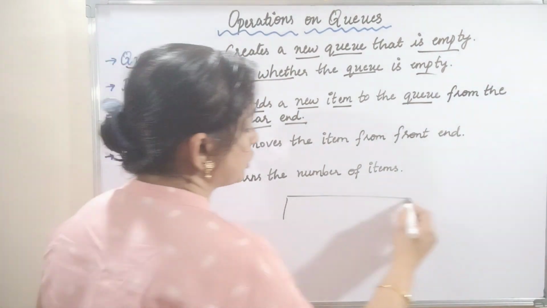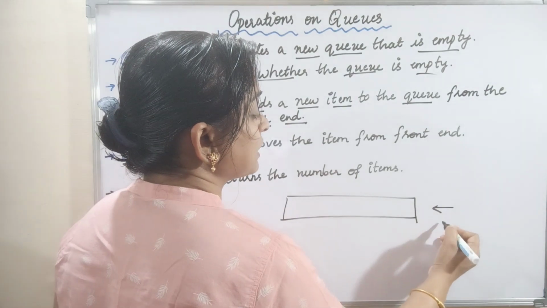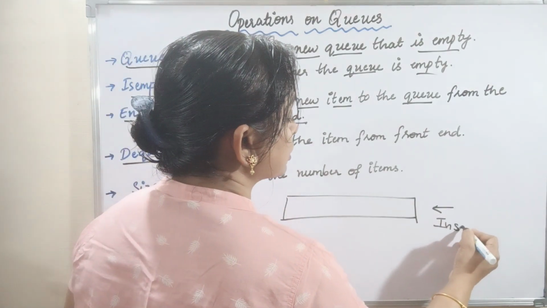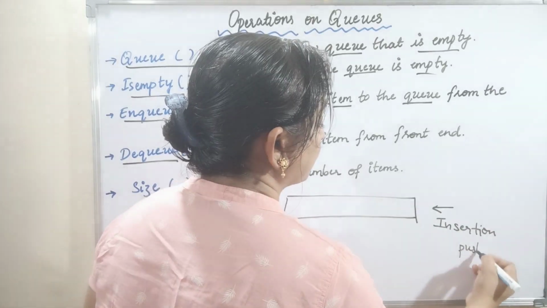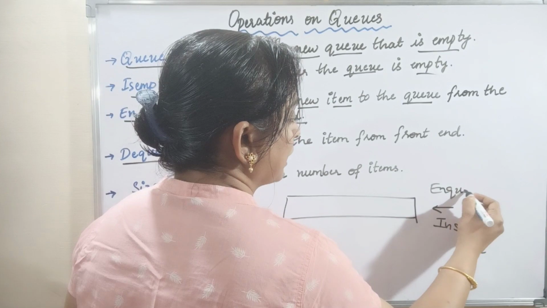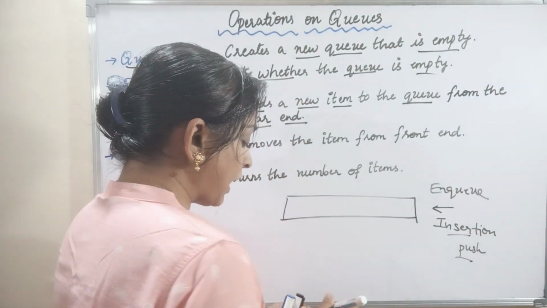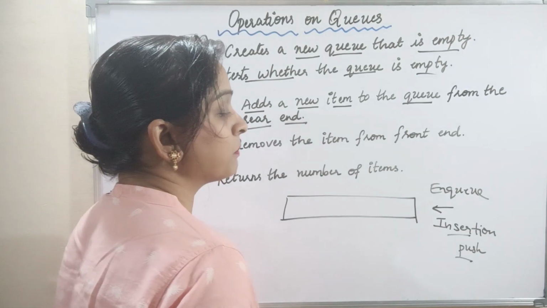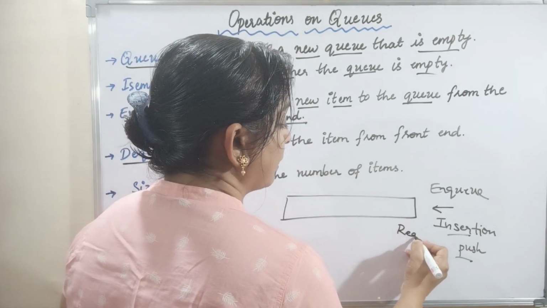When I say I am doing the NQ operation, it means I am doing the insertion operation, nothing but the push operation that we had in stack. So NQ means insertion or push. I have to enter the item from the rear end, or what we call the back end.